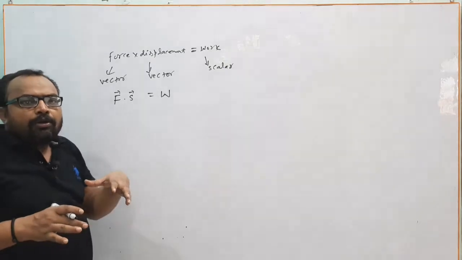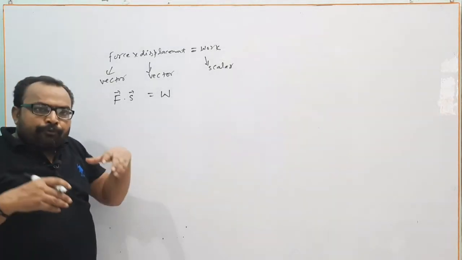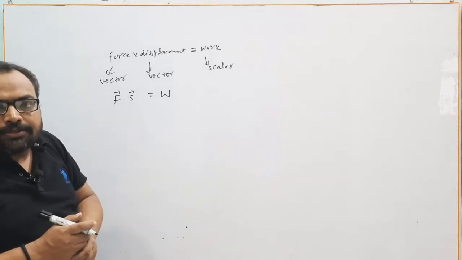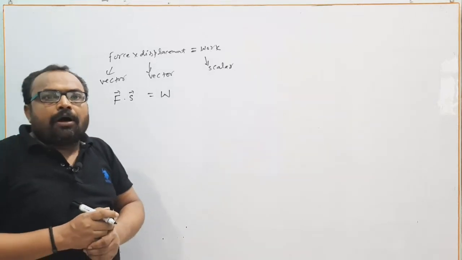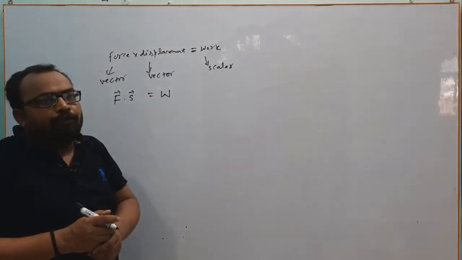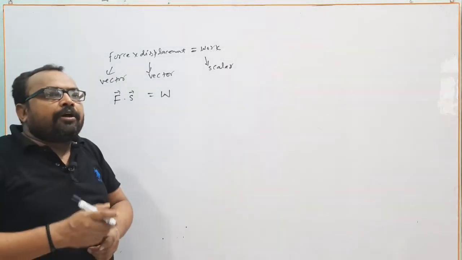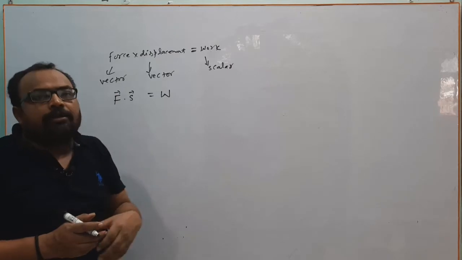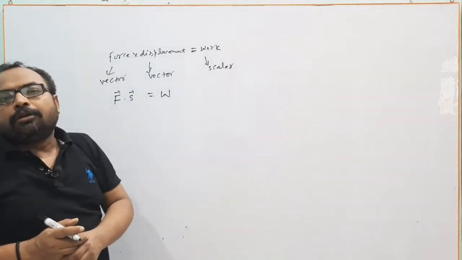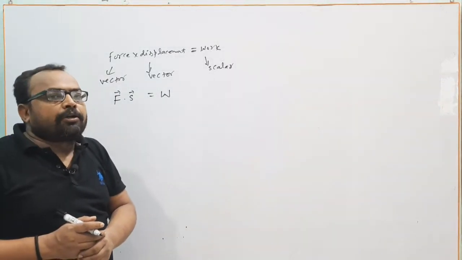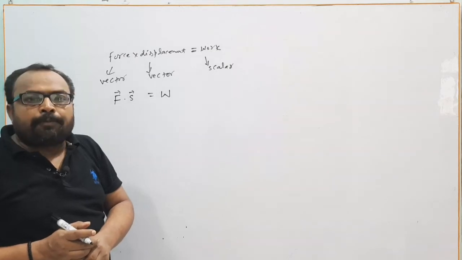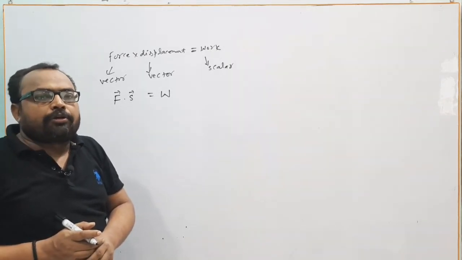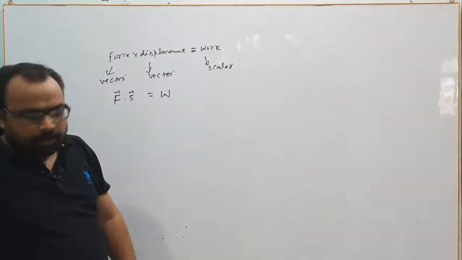So we will understand that if two vectors are in the form of product and the result of the product of two vectors is scalar, then that type of product is called a scalar product or dot product of two vectors.